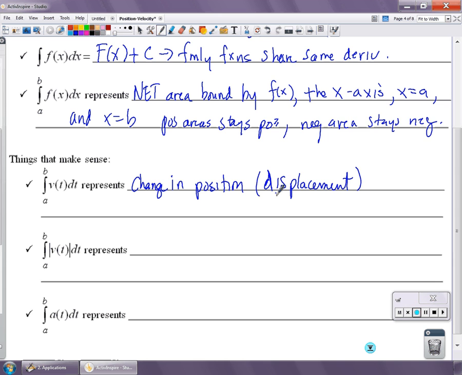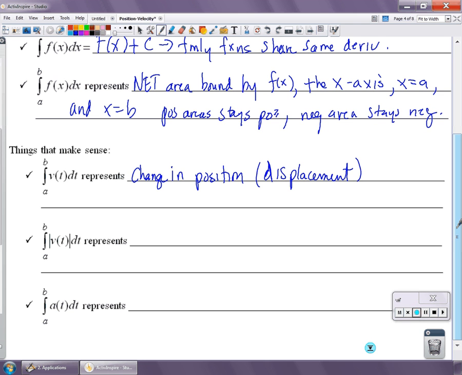However, if you take the absolute value of velocity, that forces any area that might be negative to become positive, and this is the change in distance.